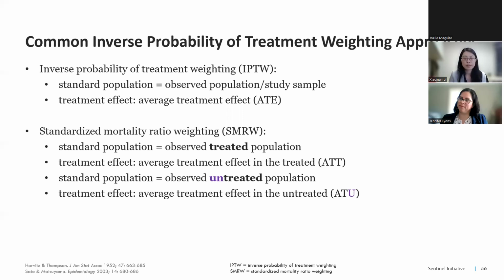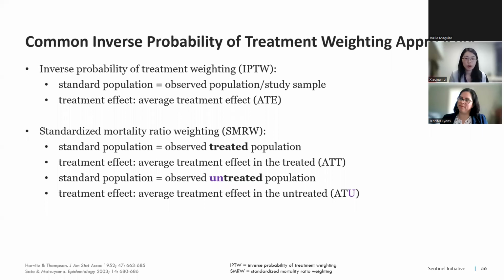When we use SMR weighting and also the observed treated population as the target or the standard population, this approach measures the contrast of everyone who actually received treatment under treatment versus the treated group had they not received treatment.